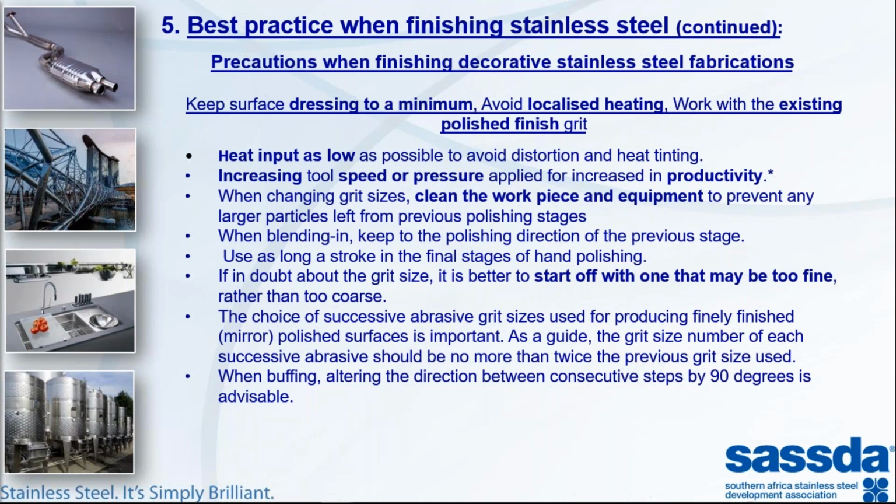So we would normally try and not exceed twice the grit value. So if you started off with the 80, don't go higher than a 160 with the next stage. When buffing, as I mentioned earlier, we change the direction between every step of the process, 90 degrees. This gives a better reflection of light, so the material appears brighter.